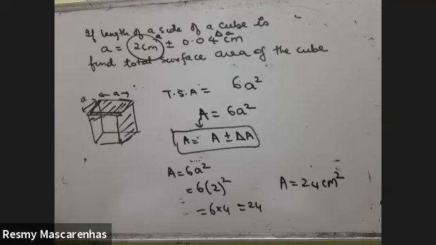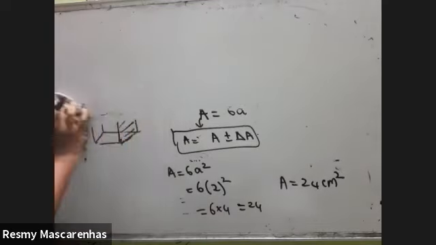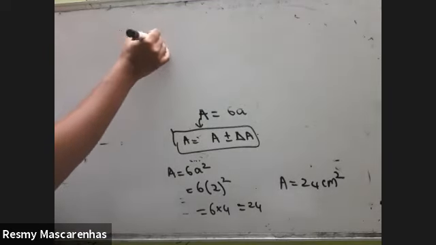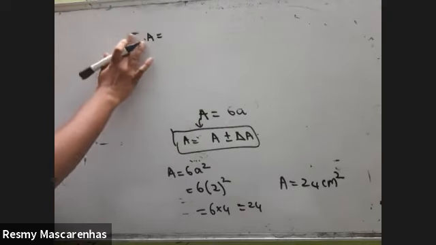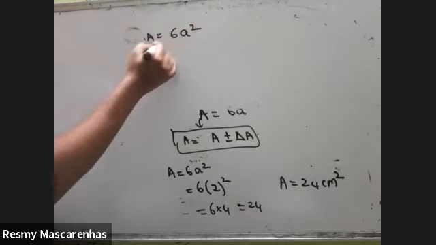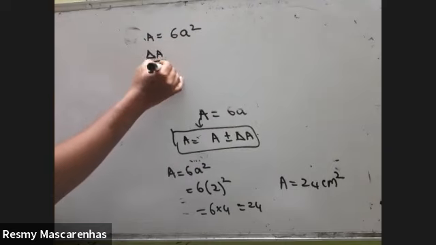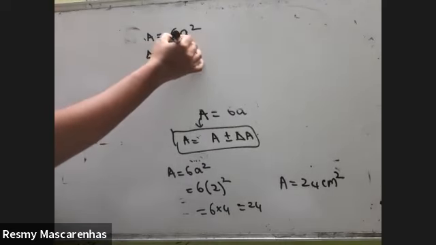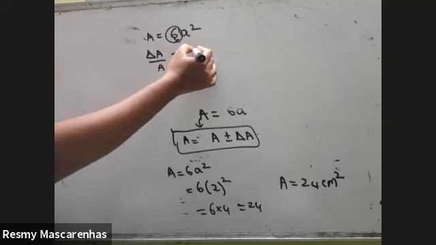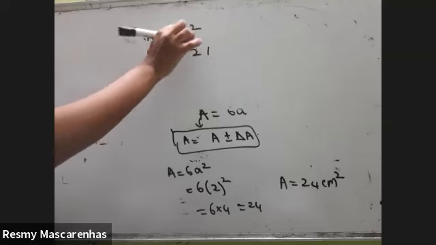How much are you getting? Has anyone calculated error? This is to be ignored. This will become 2.